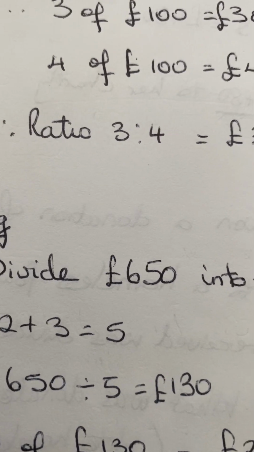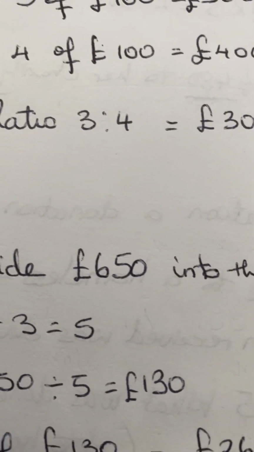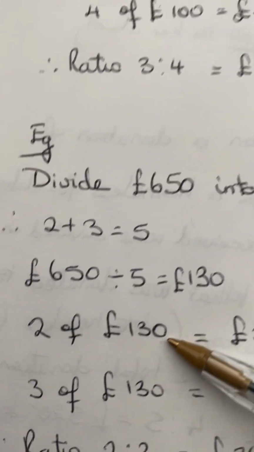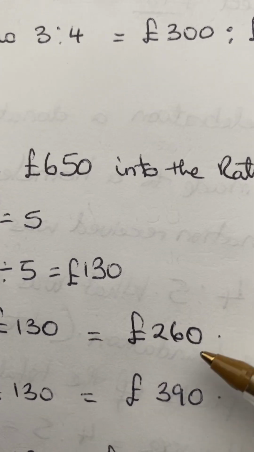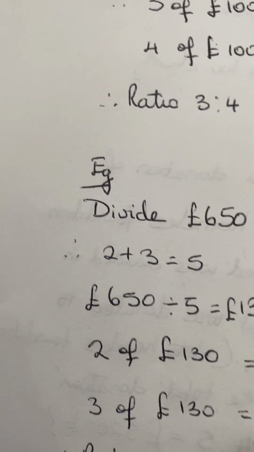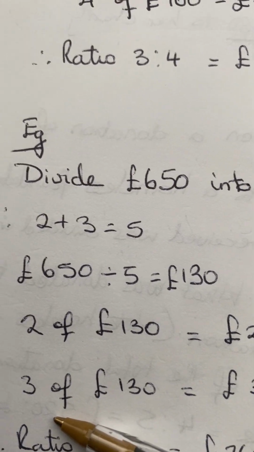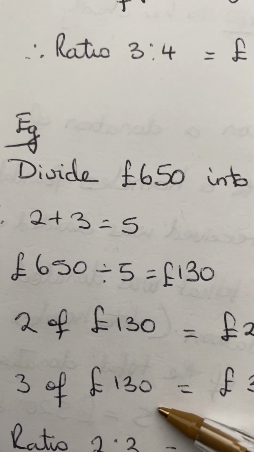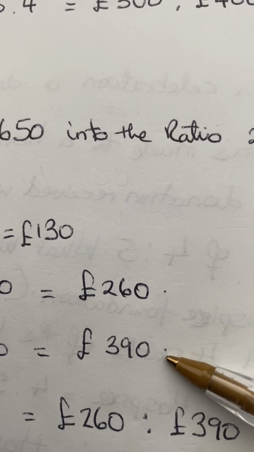So 2 portions of 130 will give you 260. That's the first part. 3 portions of 130 will give you 390.